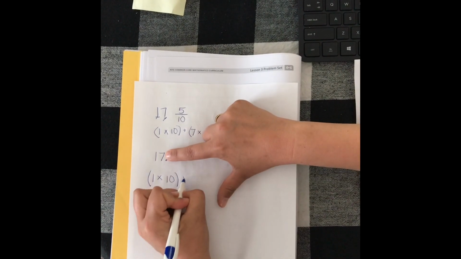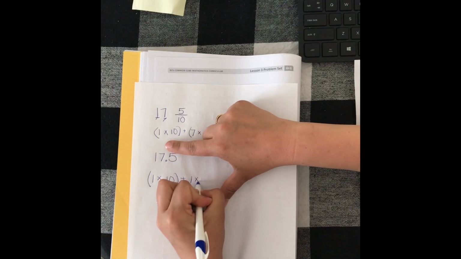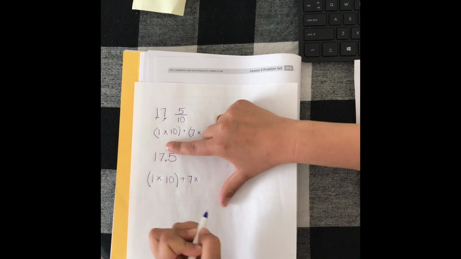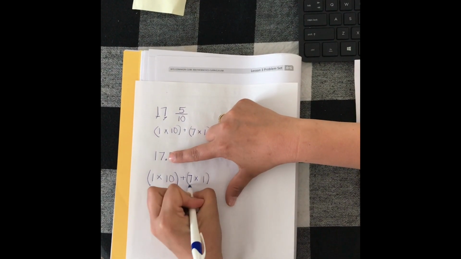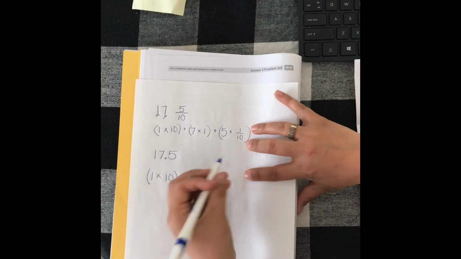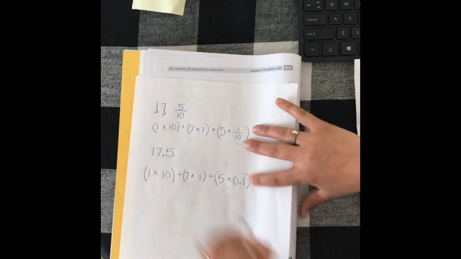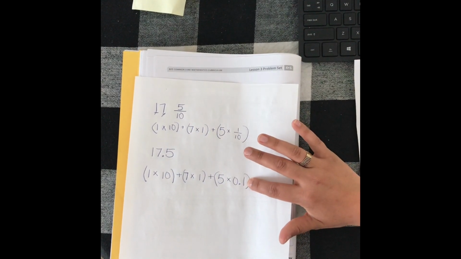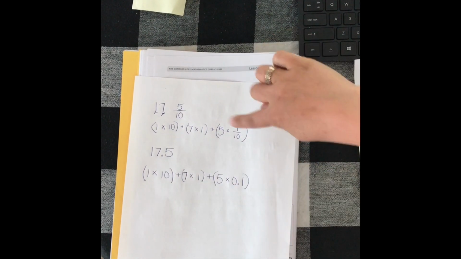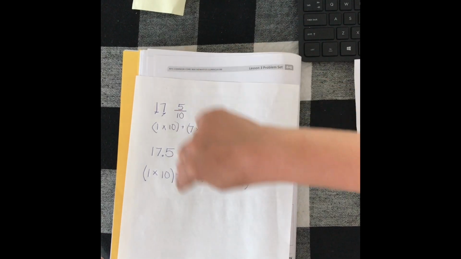In the ones place, I have 7 ones. And last, I have 5/10. So I'm going to multiply 5 times the tenths, the 1/10, okay? This breaks it apart in expanded form for fraction and decimal form.